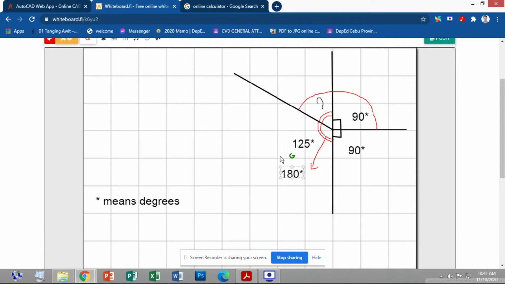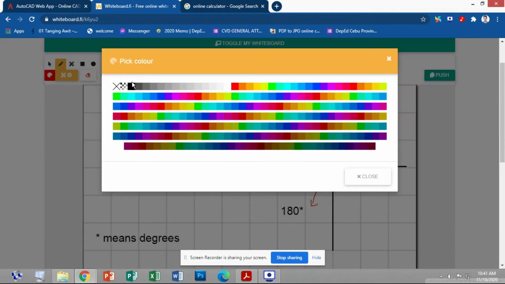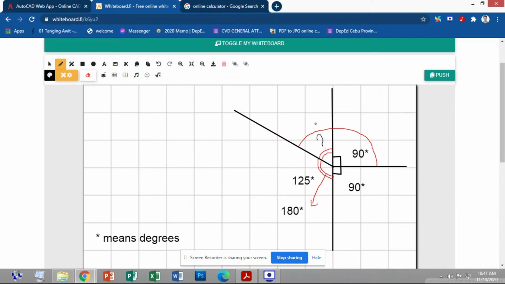Para ma-solve natin ito, kailangan natin ma-minus ang 125 dito ni 180. Kung baga sa algebra, let us say, tawagin natin ito yung ating variable na x. Ito yung angle natin. Tawagin natin itong angle na alpha.